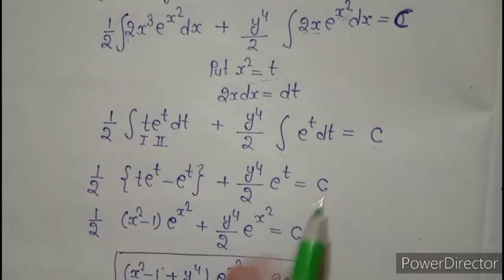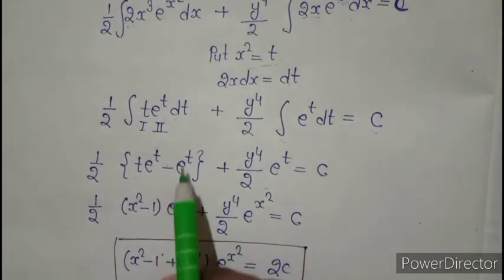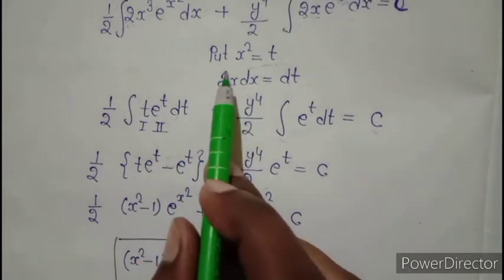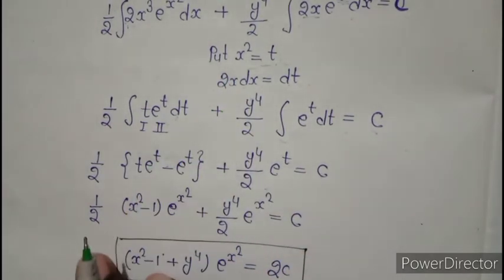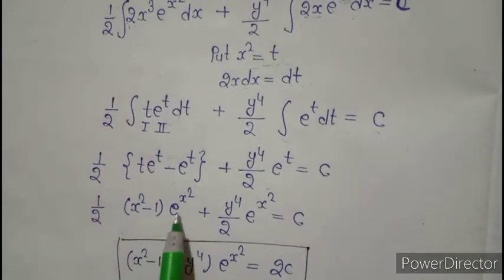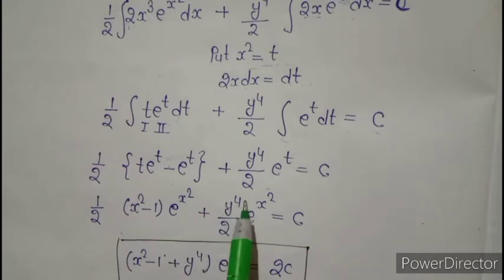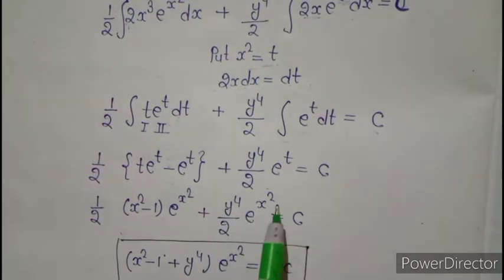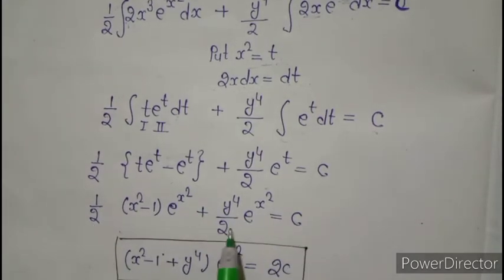If I simplify this, because we have taken t as x square, we have to put it back at the last of the result. So (x square minus 1) e raised to power x square plus y raised to power 4 by 2 e raised to power x square. Here you can see 1 by 2 is common in both terms, so we can take it into the arbitrary constant.